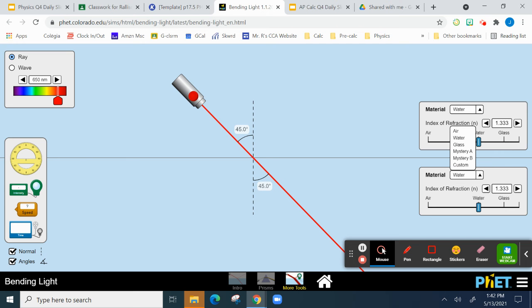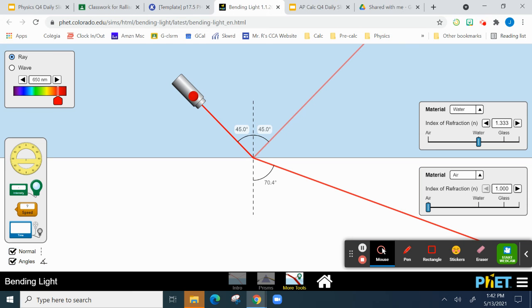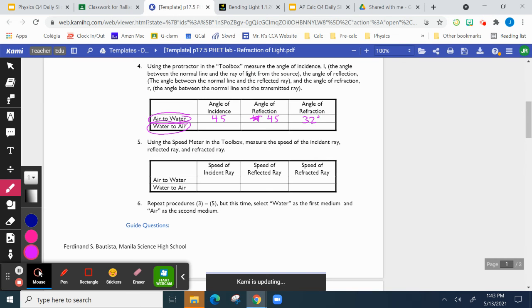Here we go, water to air. We'll put air on the bottom, which we don't normally get to do. All right, so there's our angle of reflection, and our angle of refraction is 70.4. That's 45, and that's 45.